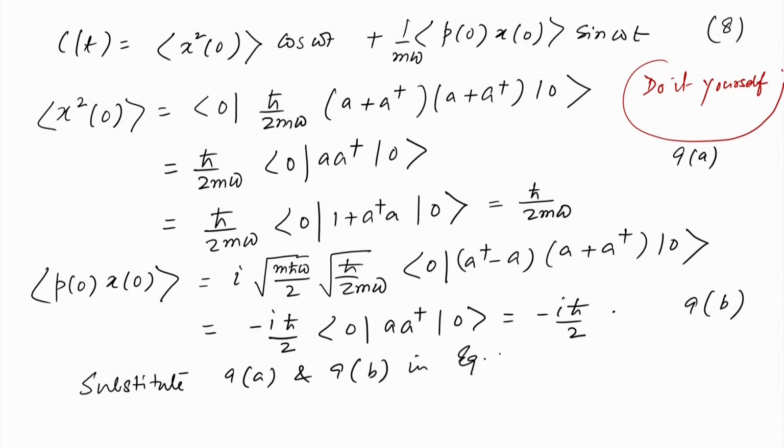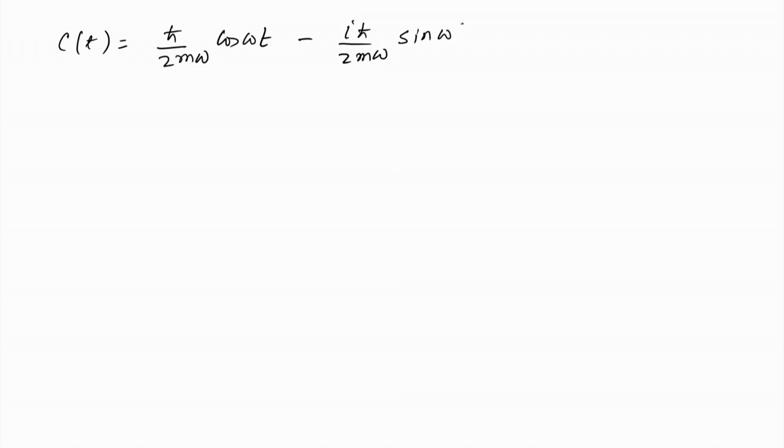in equation 8, and one gets the C of t that is wanted, which is h cross by 2 m omega cosine omega t minus I h cross by 2 m omega sine omega t, and it can be combined in order to write h cross by 2 m omega exponential minus I omega t.